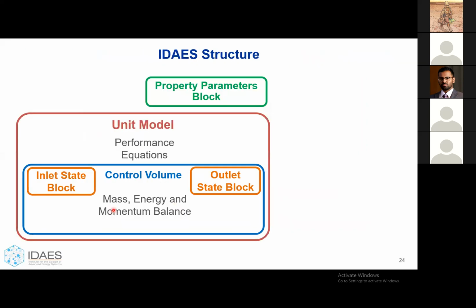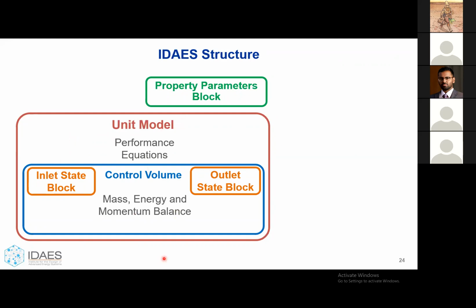Now just a quick note, not really relevant for this module, but something you may want to work on yourself after we are done. For the parameter estimation module, we have 2 modules, and I'll briefly explain why. This is the structure of an IDAES unit model.